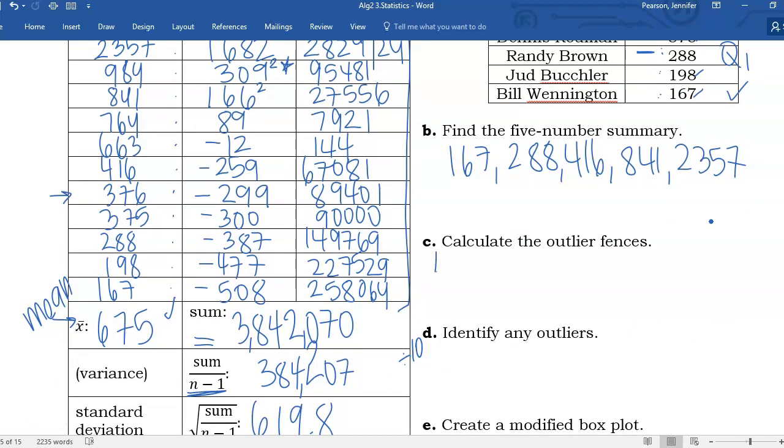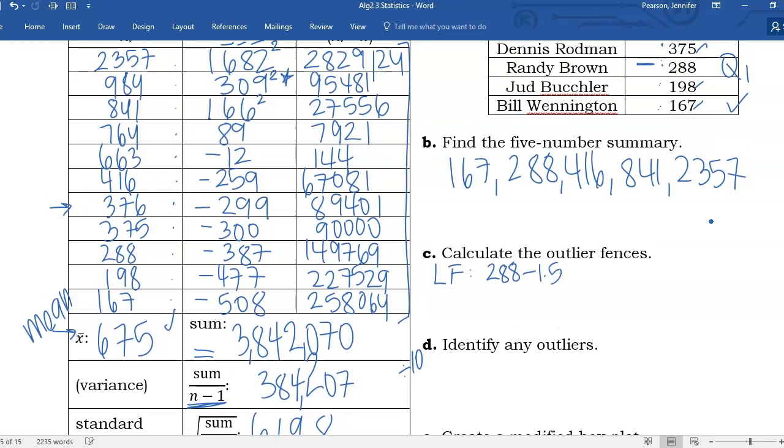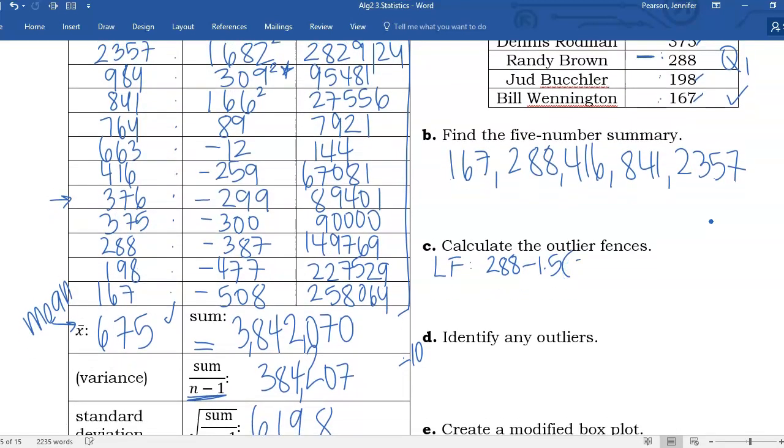I'm going to go LF for lower fence is lower quartile minus 1.5 times the interquartile range, and the upper fence will be the upper quartile plus 1.5 interquartile ranges. So everything else stays the same.